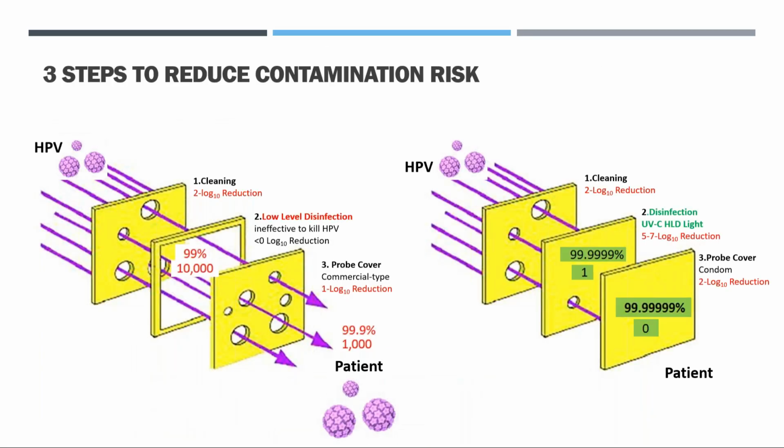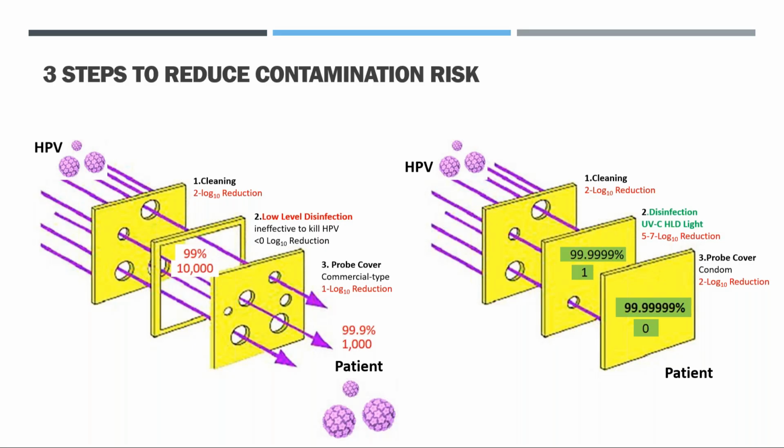Again, steps to reduce contamination for HPV: cleaning, low-level disinfection, and probe cover. You can see here that you have only 99.9% removal at best. And so if you have enough patients, clearly there are going to be patients in whom this method will lead to contamination and infection.